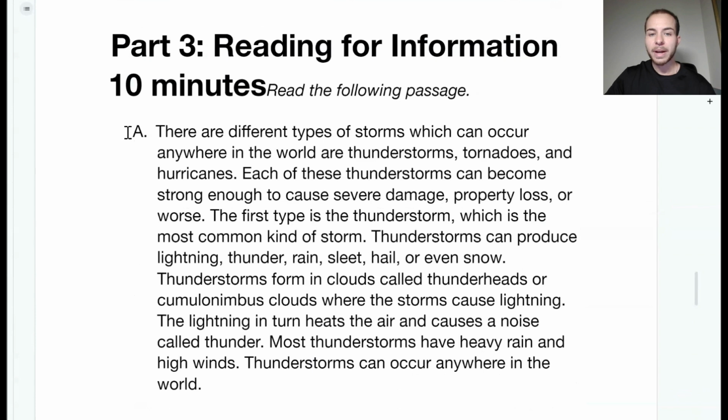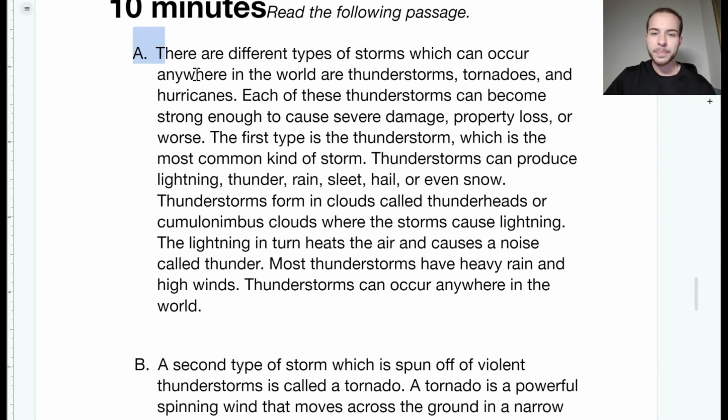I'll skim read paragraph A and highlight keywords which I think will be helpful. I'm just reading in my head.